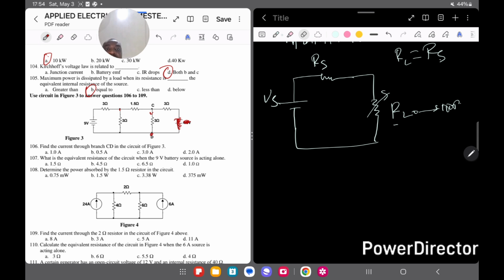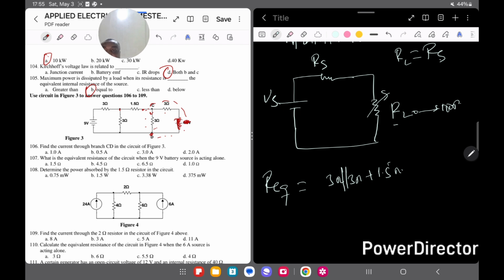So the equivalent resistance for this is 3 ohms in parallel with this 3 ohms. Now this part is in series with 1.5 ohms, so I add 1.5 ohms, which is this wire here.